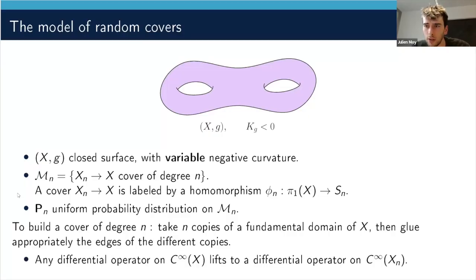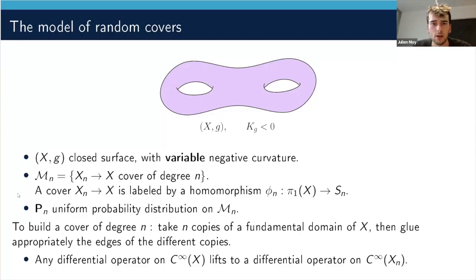And when you have a covering of X, any differential operator on X lifts to a differential operator on Xn. Okay, so in particular, the Laplacian lifts to Xn, but of course, you could have defined a metric on Xn by lifting the metric over X and defined the Laplacian associated to this metric. This gives the same operator.